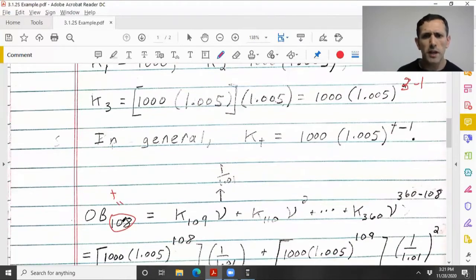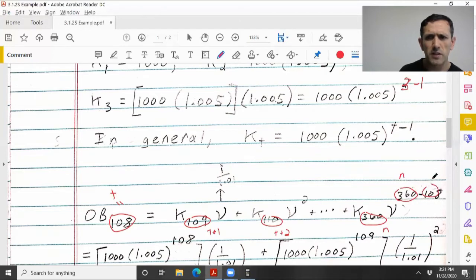The formula is you start off with K(T+1) times nu, K(T+2) times nu squared, all the way to Kn times nu to the n minus T. Here n is 360 and T is 108.